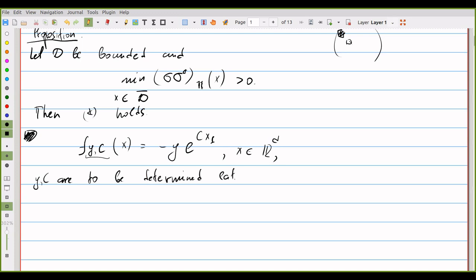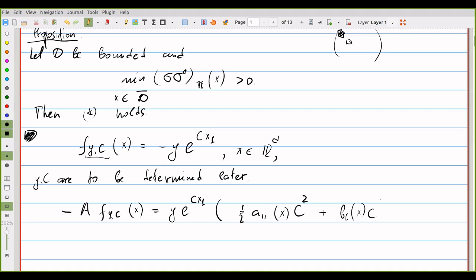We need both of them because we need two degrees of freedom. Let's apply our operator to this function, which gives us c x1 times 1/2 a_11(x) c squared plus b_1(x) c.